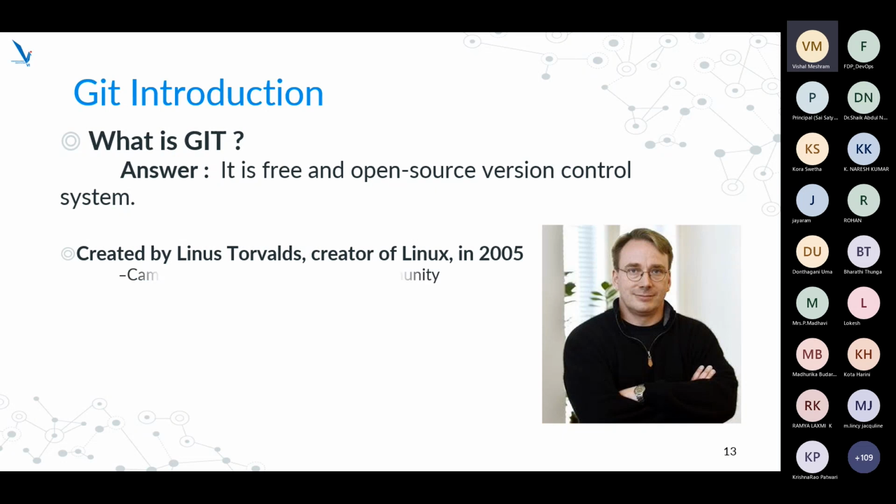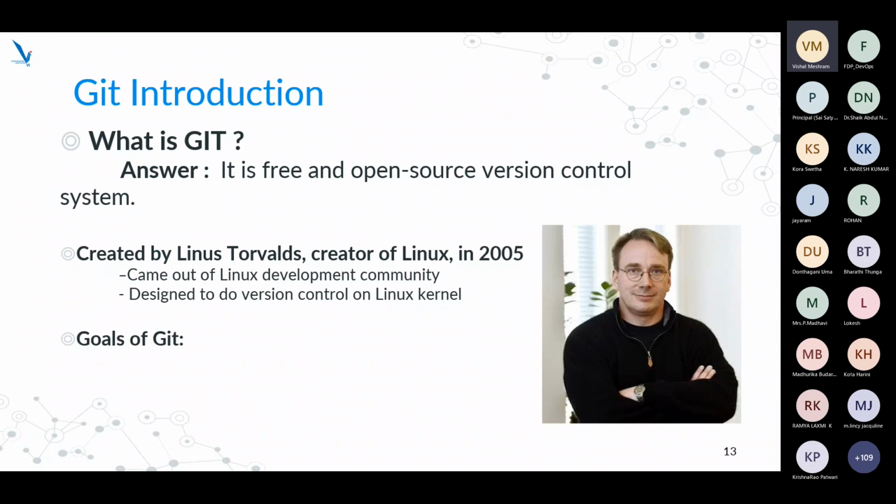I hope you know this. It came from the Linux development community. The interesting story is that a third party was maintaining the Linux kernel, but there were some issues, so Linus Torvalds decided to create his own version control tool, and he developed Git.